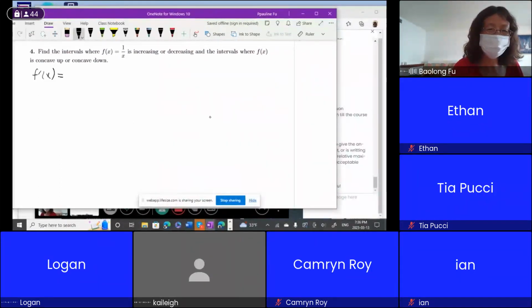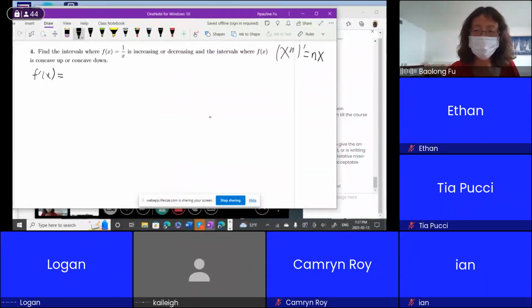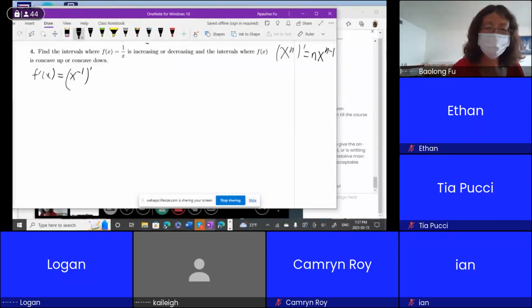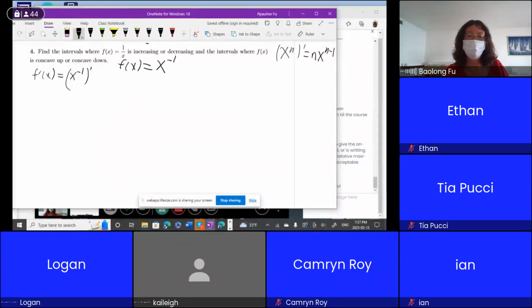So what is the derivative of f(x)? Remember, the derivative of x^n equals n x^(n-1). In this situation, n is -1, so f(x) equals x raised to power -1, which is the same as 1 over x.